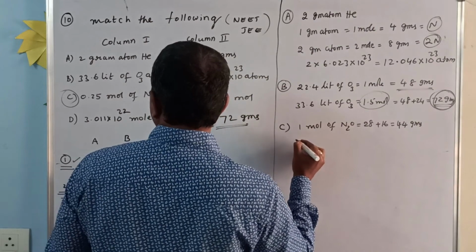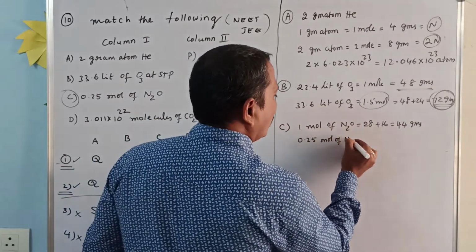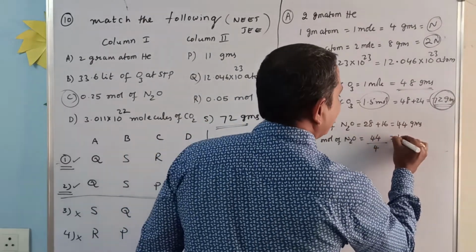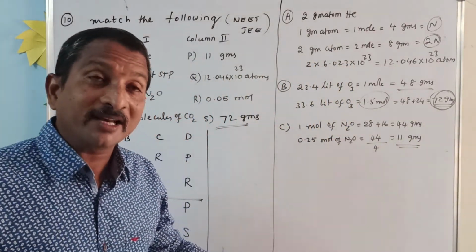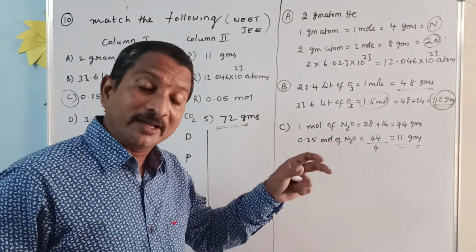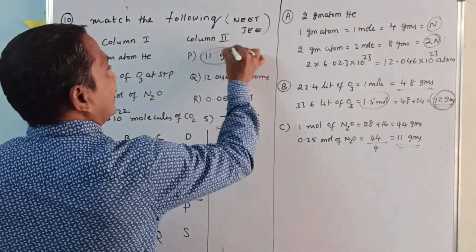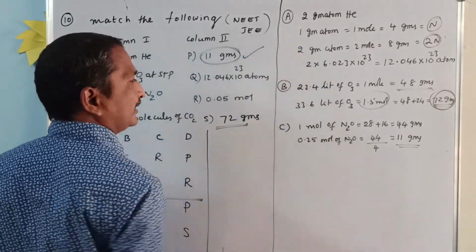Now 0.25 mole of N2O is equal to 44 by 4, that is equal to 11 grams. We can calculate grams, we can calculate molecules, we can calculate volume, anything. So here the answer is in grams, that way I am calculating. 11 grams, correct.